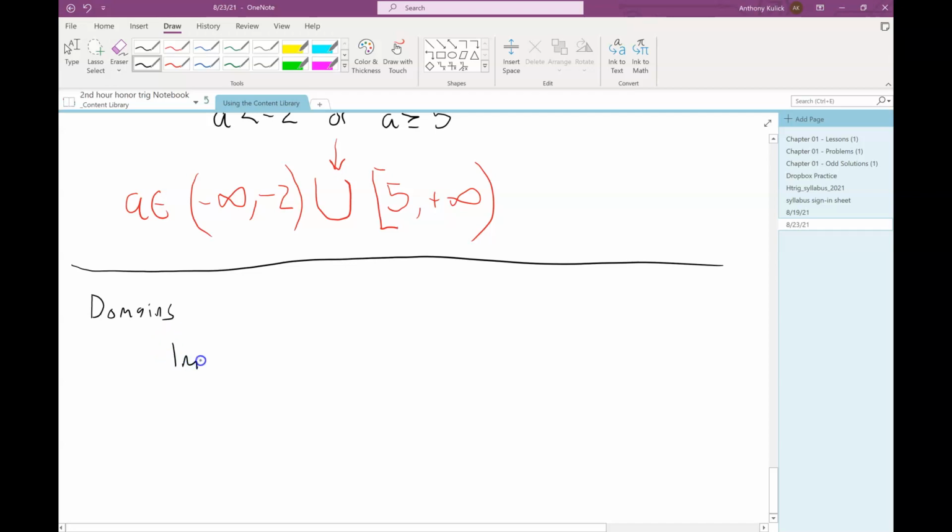We have something called an implied domain, and we have something called the relevant domain. Most of the domains that we found in Algebra 2 were these relevant domains.